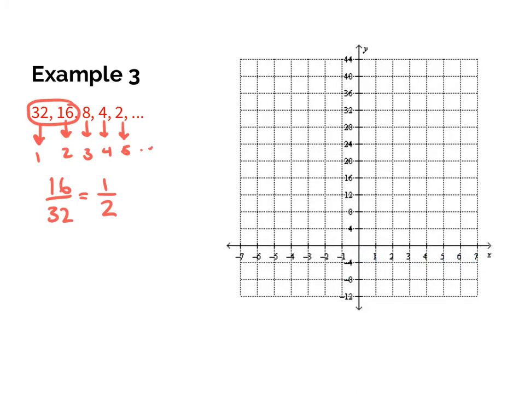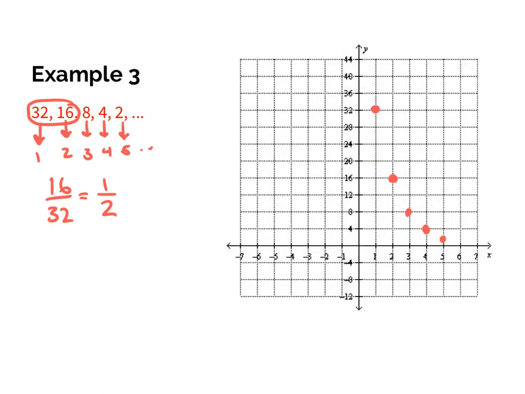So I have my first term is 32, so I'll put a point here at (1, 32). Then continue on, I would have (2, 16), (3, 8), (4, 4), and then (5, 2). You'll notice that if I were to connect these points, what I would get is that curve downward, that exponential decay function.